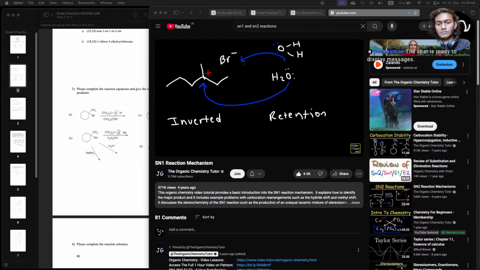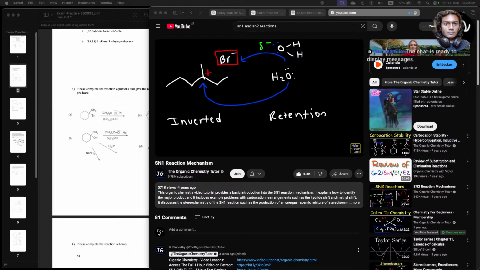The oxygen atom has a partial negative charge, and so it's attracted to the partially positive carbocation, or the carbon with the positive charge. Now, as water approaches, it's going to be repelled by the bromide ion, because the bromide ion has a negative charge, and oxygen has a partial negative charge, and so those two will repel each other.